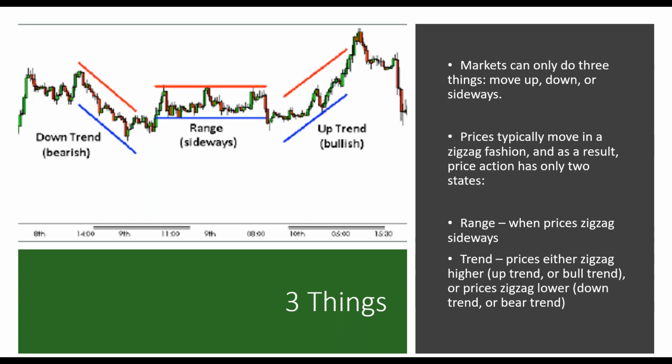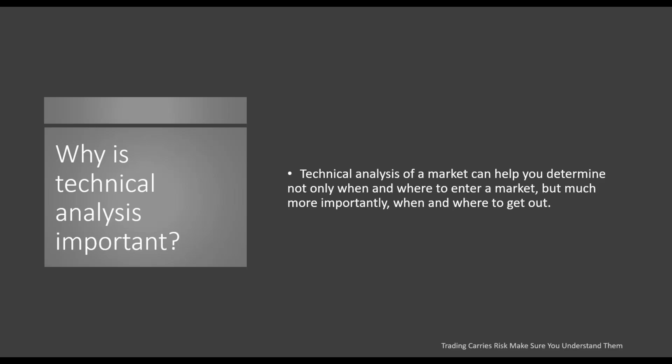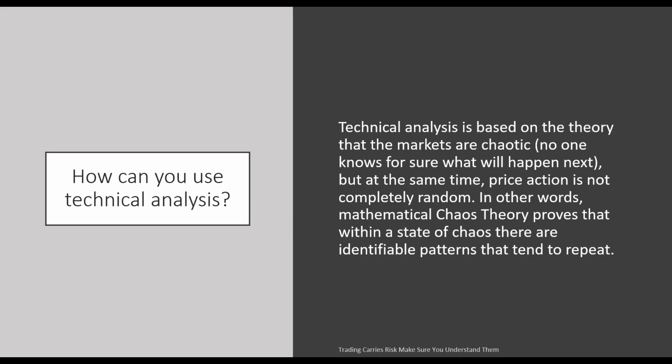Because remember, markets can only move up, down, or sideways, and prices are expected to zigzag. But technical analysis of markets can help you determine not only when and where to enter a market, but much more importantly, when and where to get out of a market.